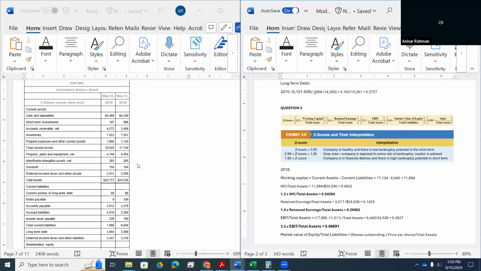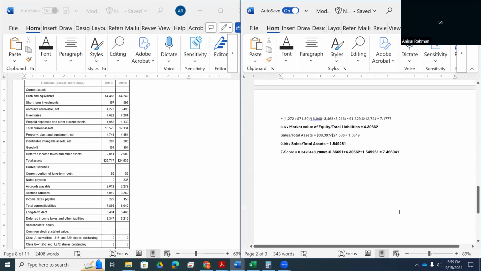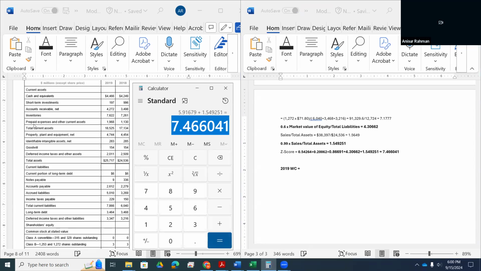And in 2019, working capital is total current assets minus total current liabilities.